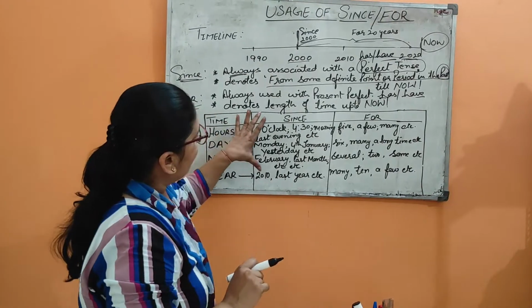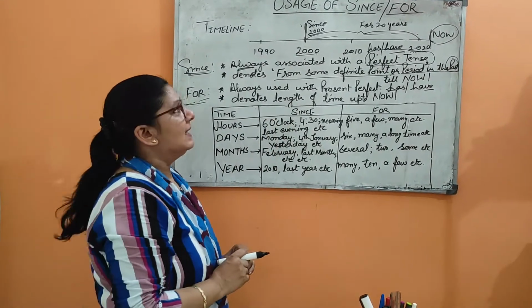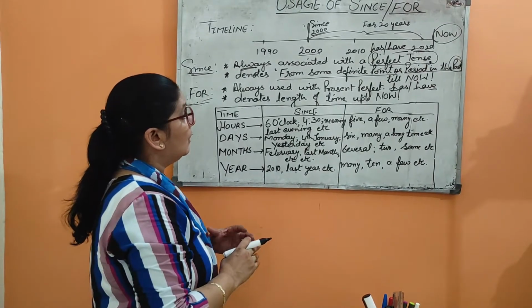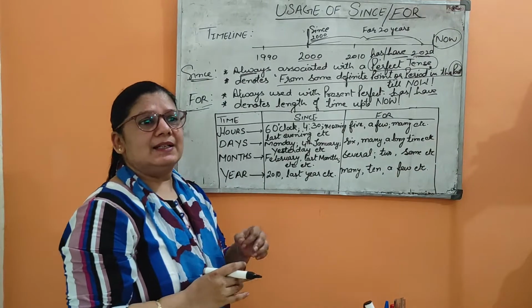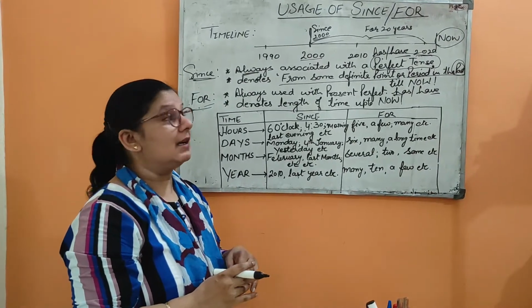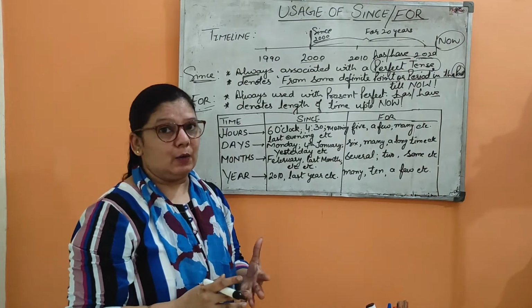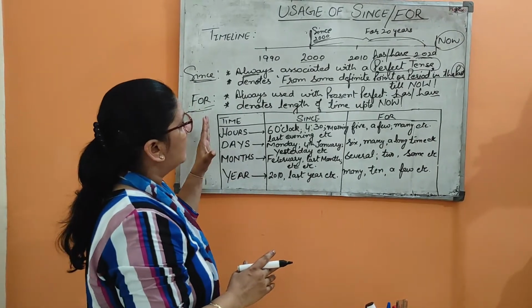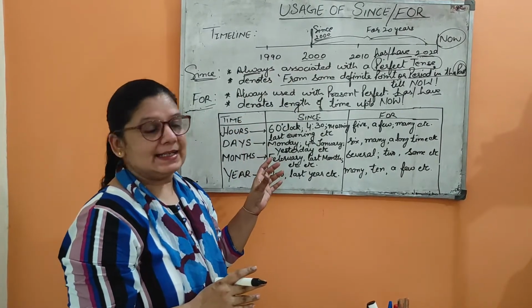Now we understand since and for through this box. Actually, since and for are not used only with these perfect tenses. They are also used as conjunctions, as adverbial phrases, and also individually or alone. But here we are concerned with perfect tenses and using them in structuring sentences.